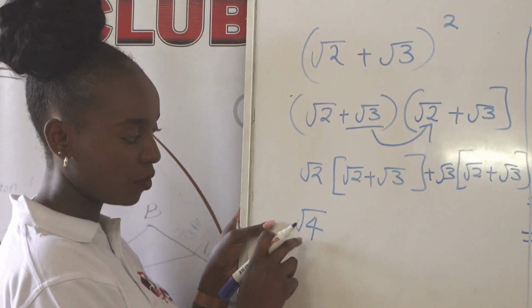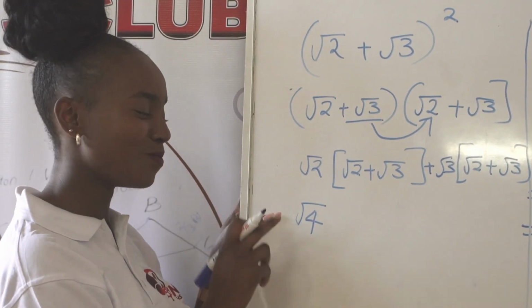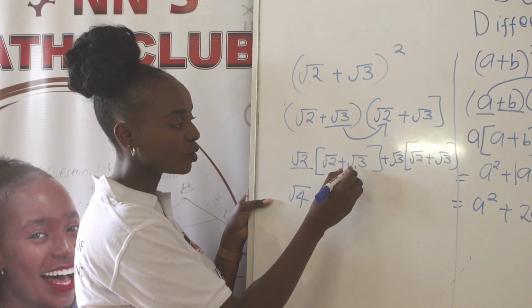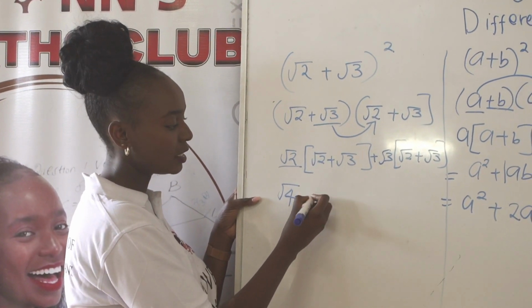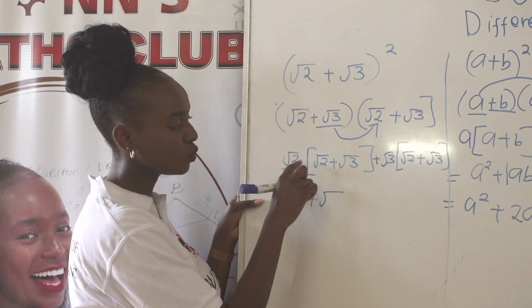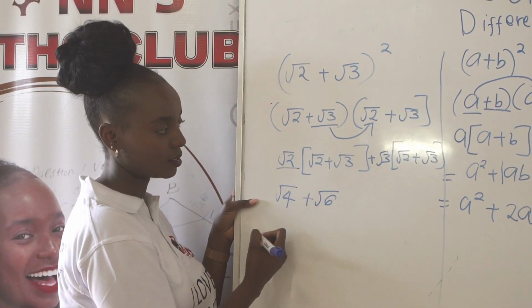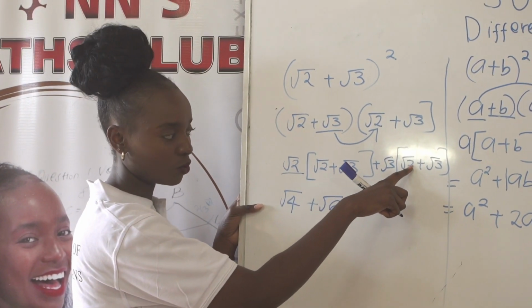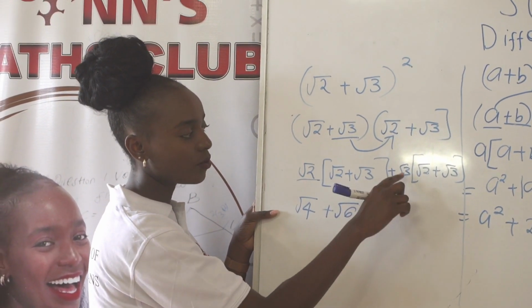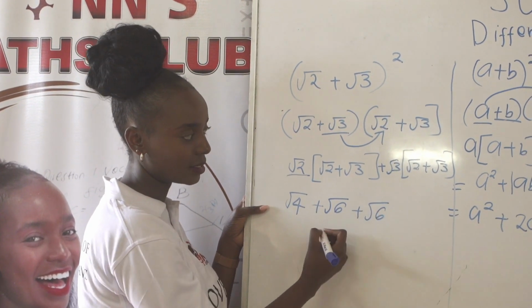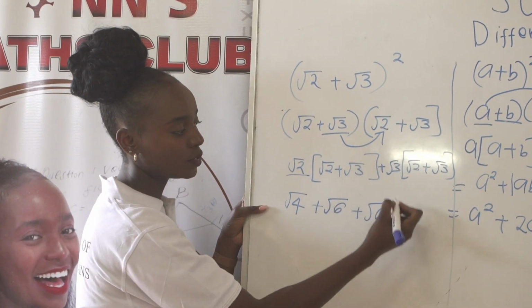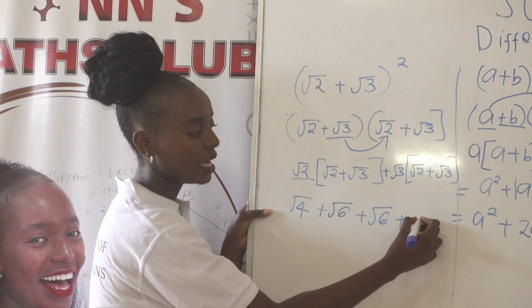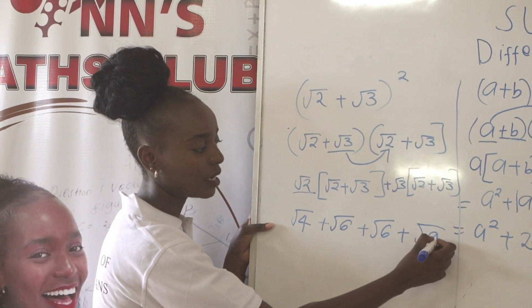But again, I will guide you next on how to simplify this further. Plus root 2 times root 3 becomes root 6. Then root 3 times root 2 becomes root 6. Then a positive times a positive is a positive: root 3 times root 3 is root 9.